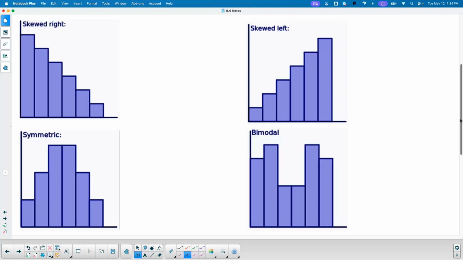How do we know where those are? But remember, I would say yes if it was a dot plot.